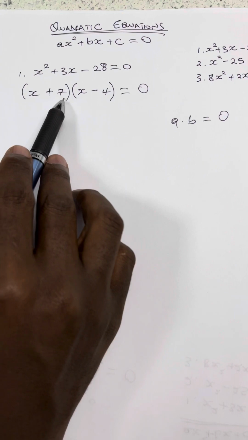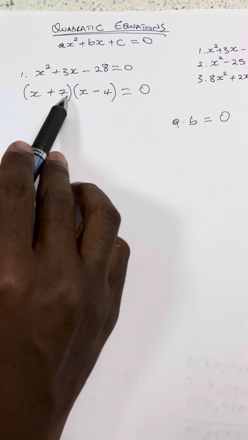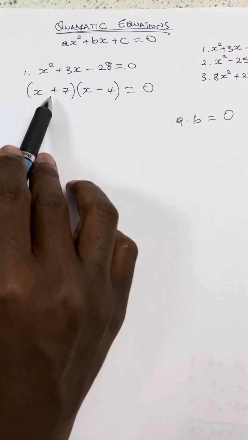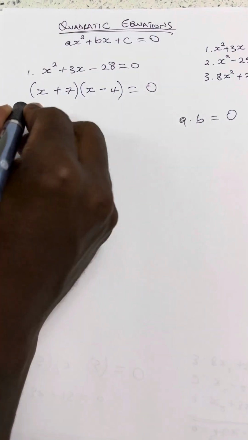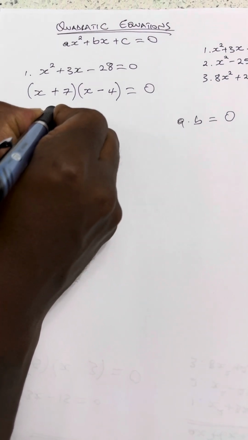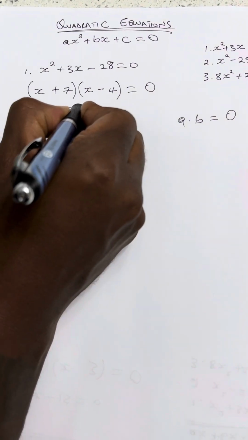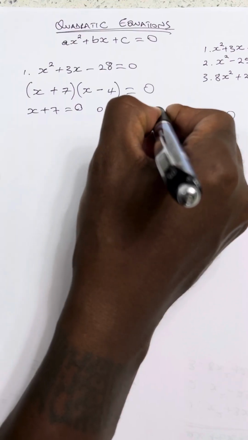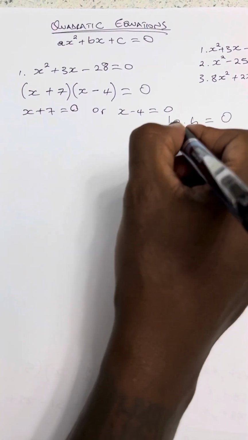So in this expression, we have x plus 7 is equal to 0, or x minus 4 is equal to 0.